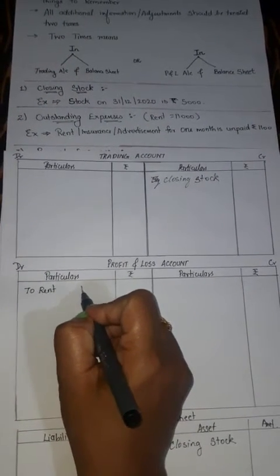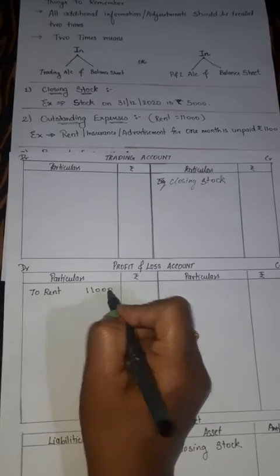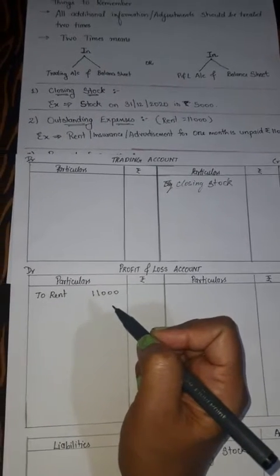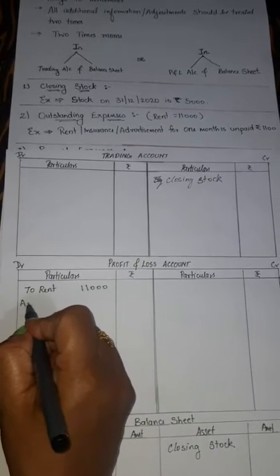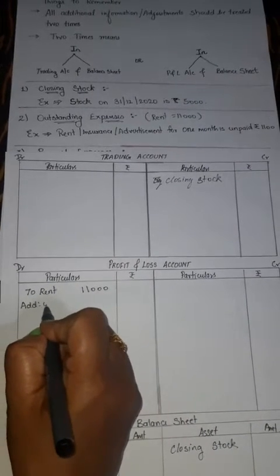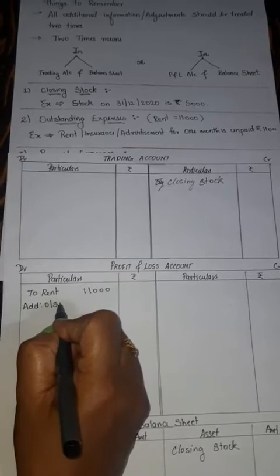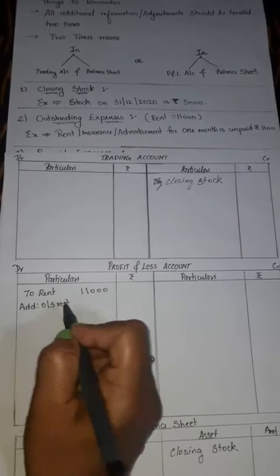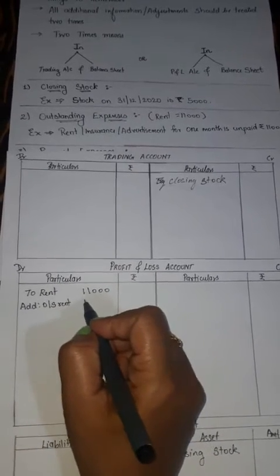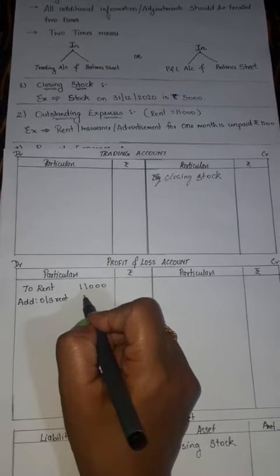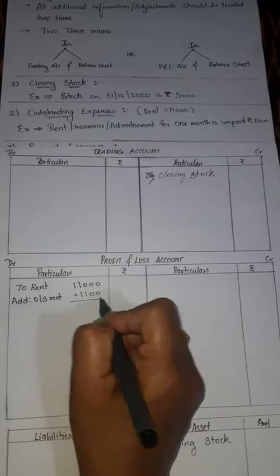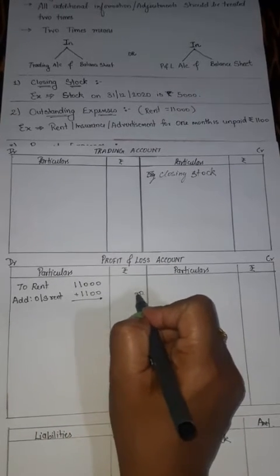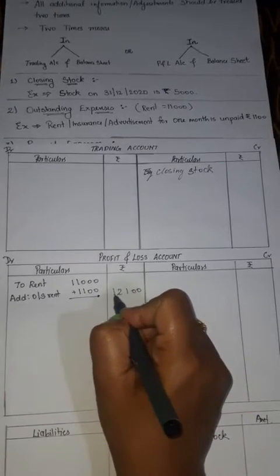In the inner column I will write 11,000, that is what is given in the question. And this outstanding rent will be added. Remember, outstanding rent or outstanding expenses will be added with that particular item. So with the rent, I will add this amount and put the total of this in the outer side.